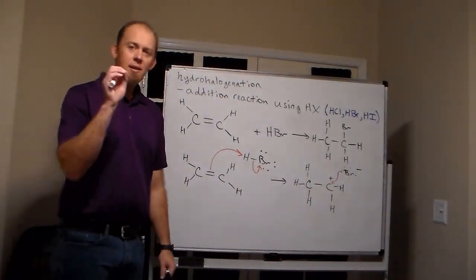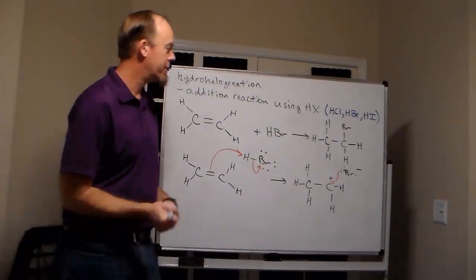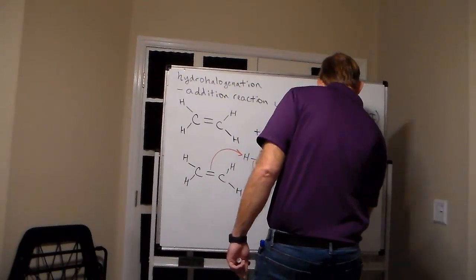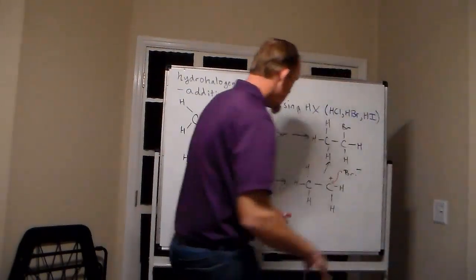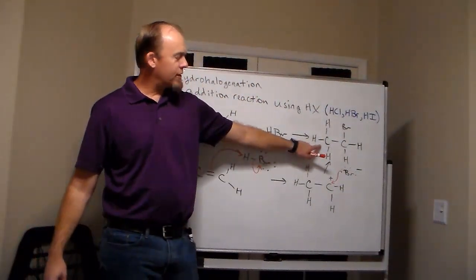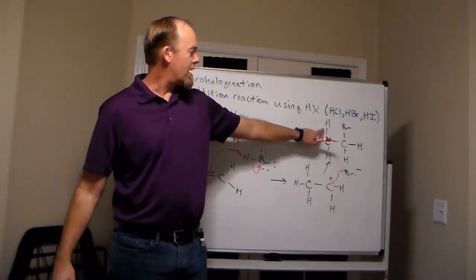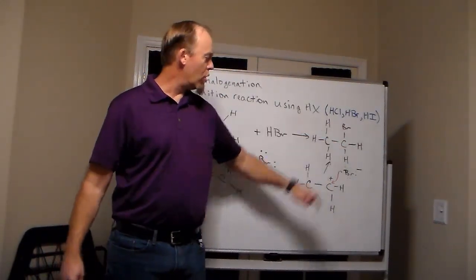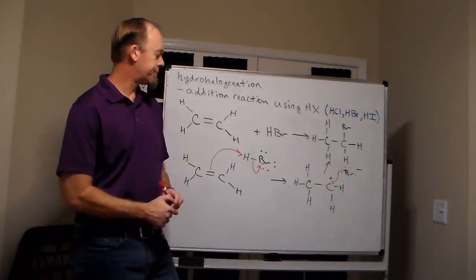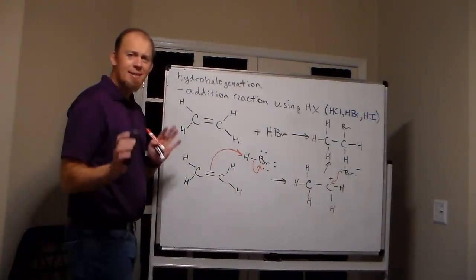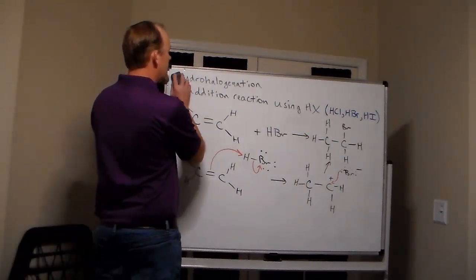When it does that, it makes another bond. What do we get from this? We get that product we ended up with: hydrogen bonded to one carbon, bromine added to the other carbon. So that's the simple form of hydrohalogenation.